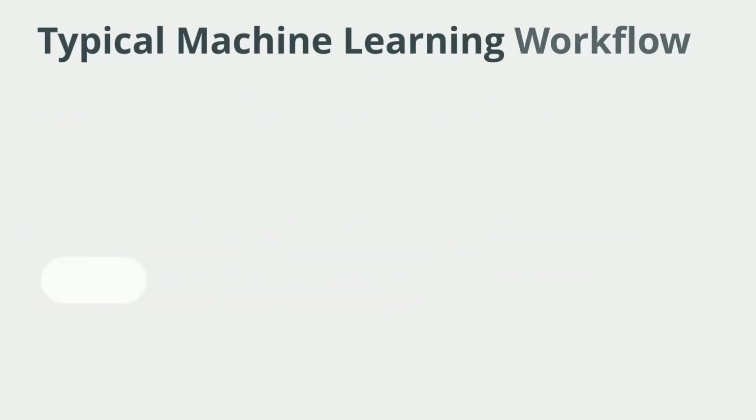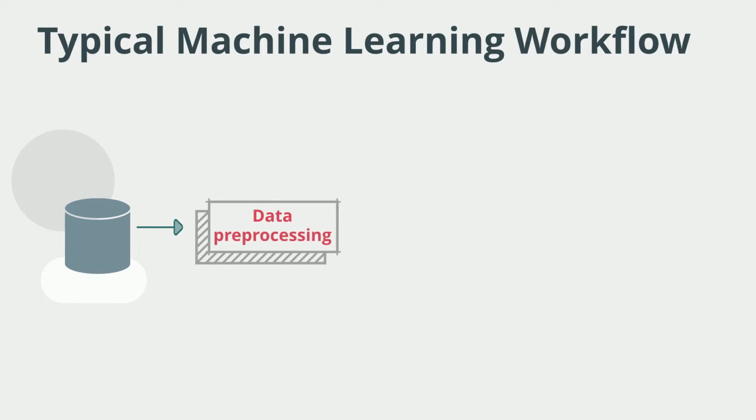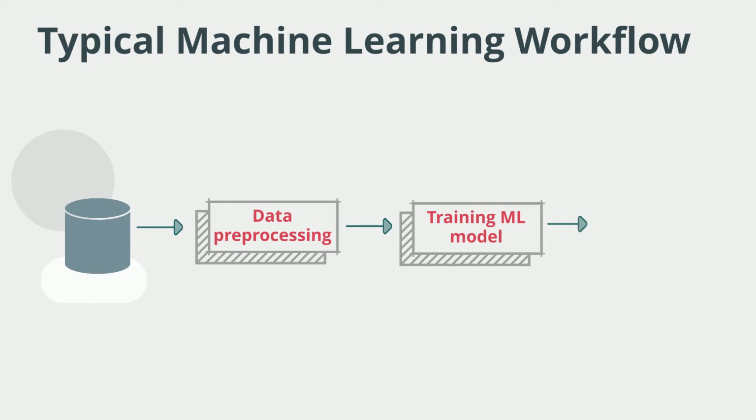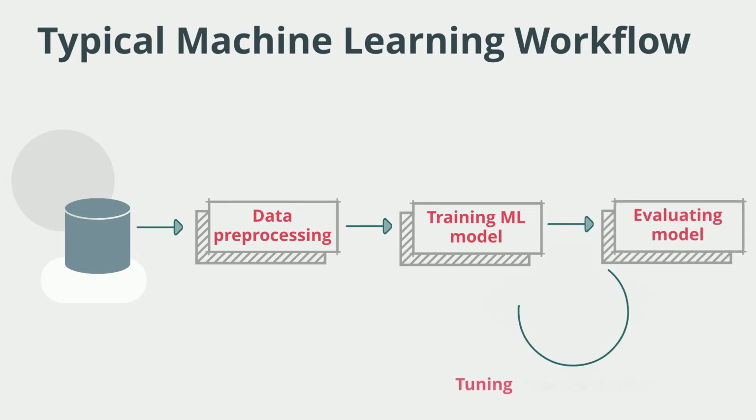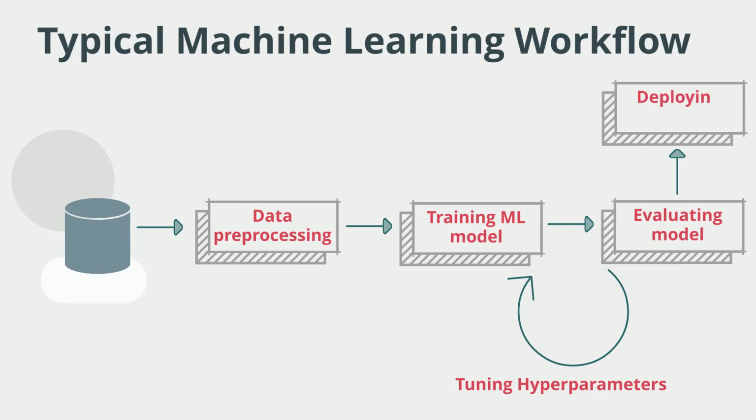In a typical machine learning workflow, you first query the data from a database, start the data preprocessing and engineering phase, train a machine learning model, evaluate the trained model, then repeatedly tune the hyperparameters until finally deploying the model. This process is problematic because, 1.